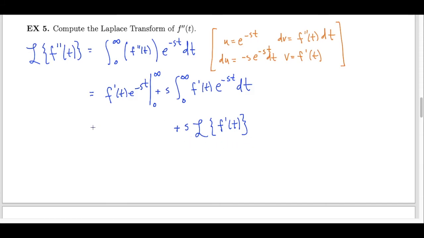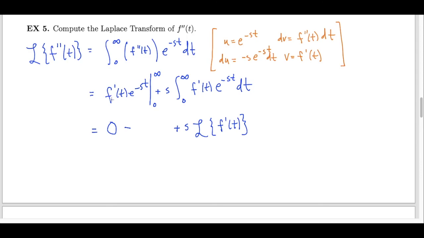But first let's take a look at this first quantity. I will once again assume that as t grows without bound, this expression will go to 0. That is, I will be assuming that f prime is of exponential order so that as t grows without bound, this product will be driven to 0 by this exponential. And then I'll plug in t equals 0.